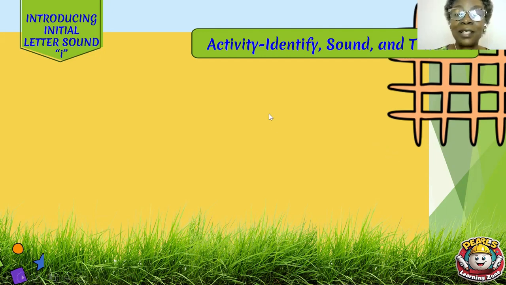We're still with the topic introducing initial letter sound E and J. Now we'll start by practicing how to write the initial letter sound E. Normally you should write them in a particular way, not just anyhow, and that is what I want to teach you.